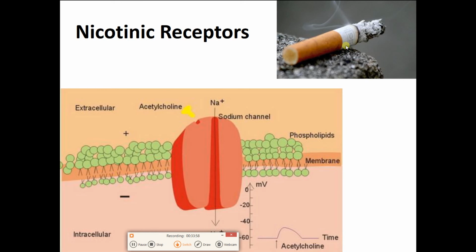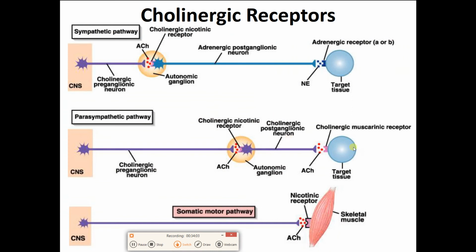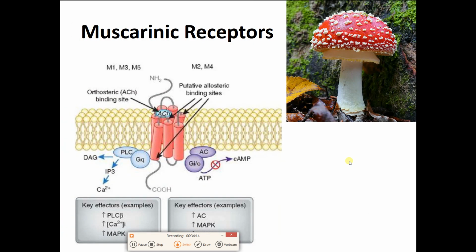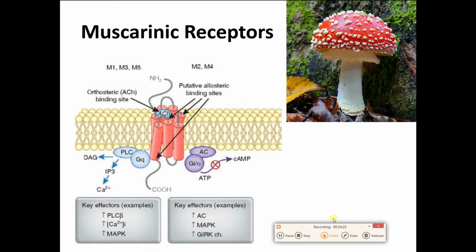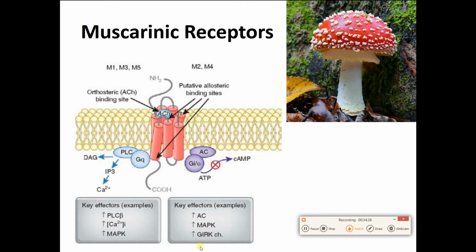Okay. Now, the other receptor type was the cholinergic muscarinic. We find those on the effectors, so on the cardiac muscle, the smooth muscle, or the gland. Now, muscarinic receptors are not a simple ion channel. Muscarinic receptors are going to, when they're stimulated by the binding of acetylcholine, cause the production of other intracellular messengers, so messengers within the cell.